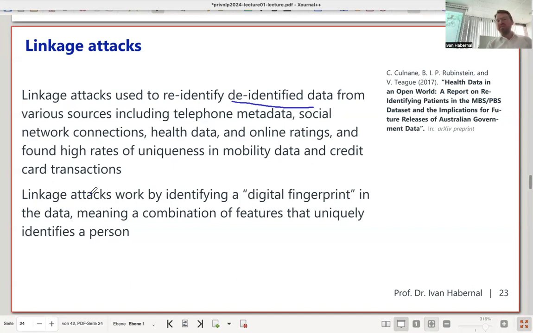And these linkage attacks, as we just saw, work by identifying a digital fingerprint in the data, which is the combination of features that are unique for a person. And if you merge these fingerprints from different sources, you will find who these people are. Okay. Any questions? So this is basically a description of this attack.